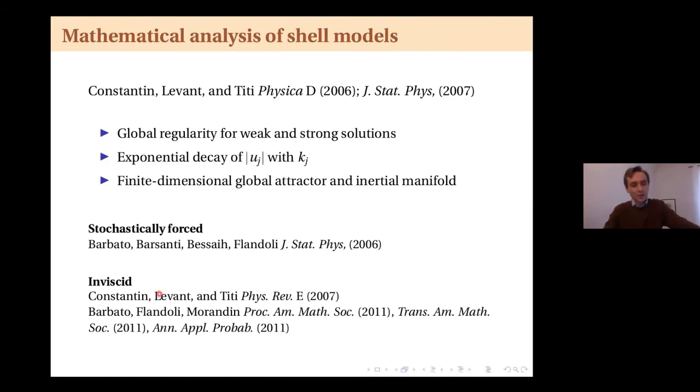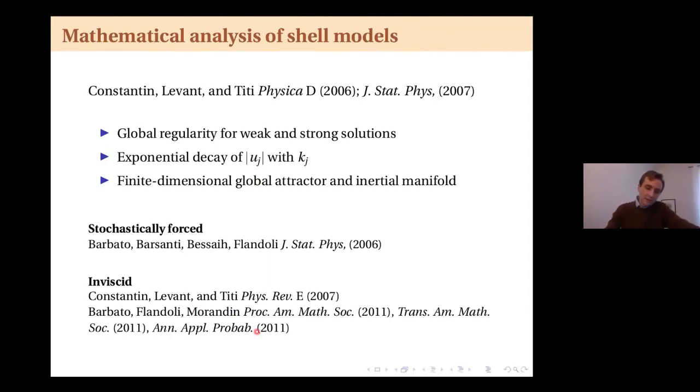For example, in this paper, again by Konstantin, Levant, and Titi, the analog of a BKM criterion for blow-up was introduced. And it was proved that for the von Sager conjecture for shell models, that is when the velocity variables decay as kj to the power minus 1/3, these solutions conserve energy.